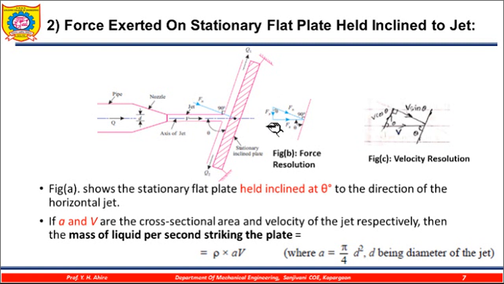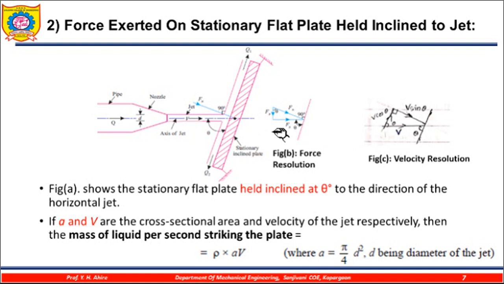So the component of normal force along the y direction is Fy. Again, you can see this is the resolution of a force, and it is forming a right angle triangle. Can you see here? Right angle triangle. Here this is a 90-degree angle. Therefore this is the Fx component, this is the Fy component.